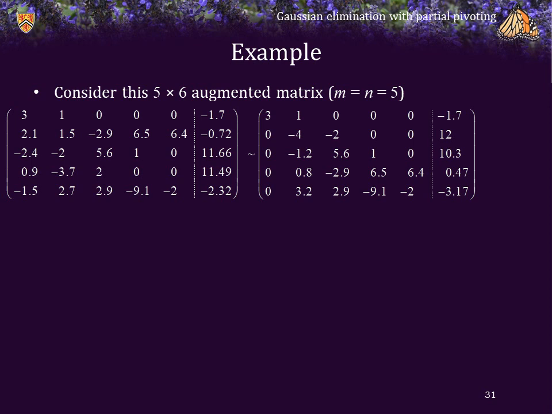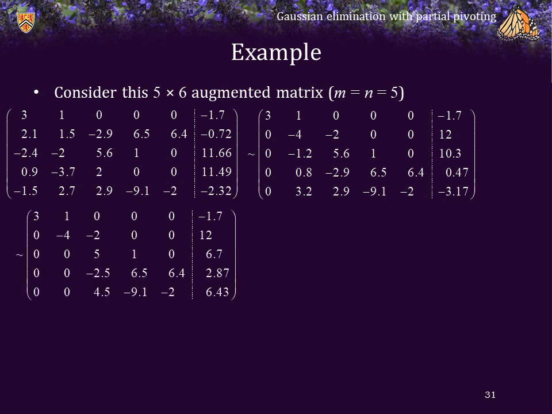So, for example, we will add negative 0.3 times row 2 onto row 3. We will add positive 0.2 times row 2 onto row 4. And we will add positive 0.8 times row 2 onto row 5. This will eliminate those 3 entries.